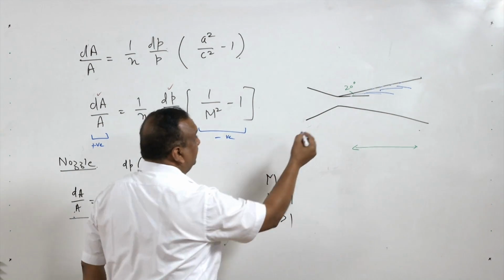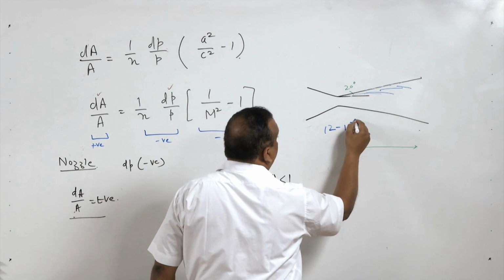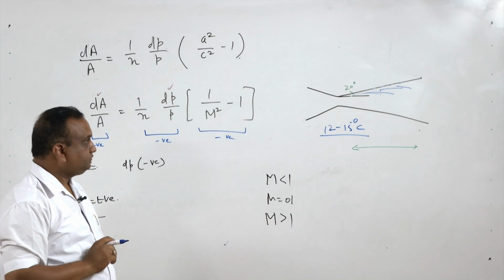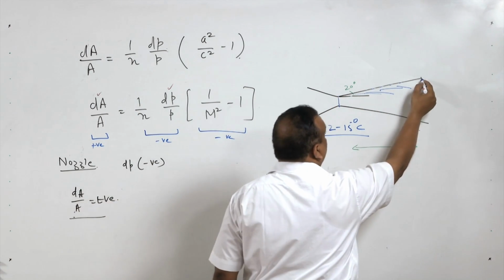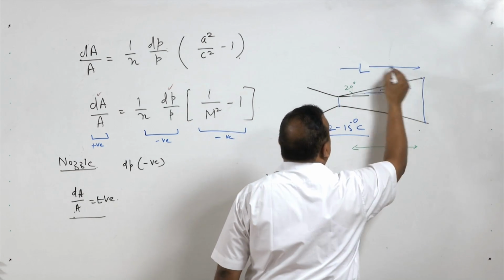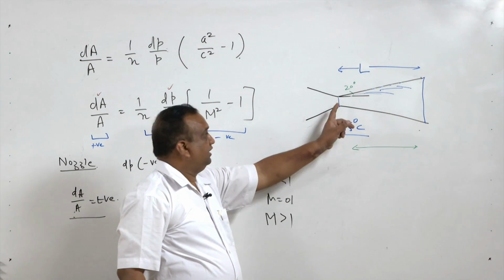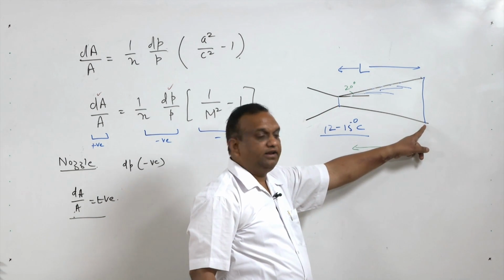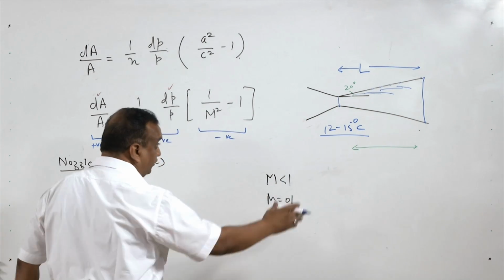So normally, because 20 is the limiting value, a diverging angle of 12 to 15 degree is taken. Since we know the throat diameter and the exit diameter, that is how the length of the diverging section is decided. This angle is known to us, and this diameter we have already calculated while designing the nozzle, and this will decide the length of the diverging part of the nozzle.